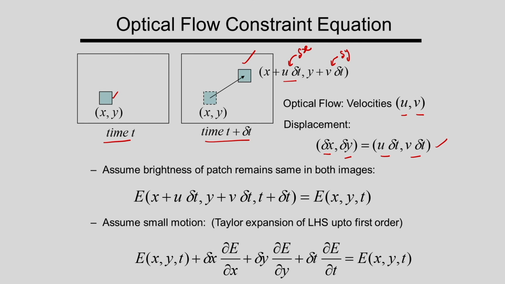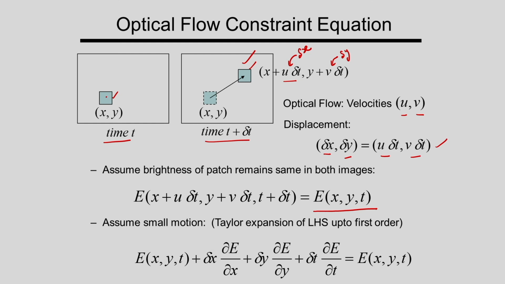That is true here. You can see this patch is moving to the second position. So the brightness of this patch will remain the same in both the images. Only the position is changing, but the brightness of the patch remains the same. E is the brightness of the patch at the point x, y, at time t.